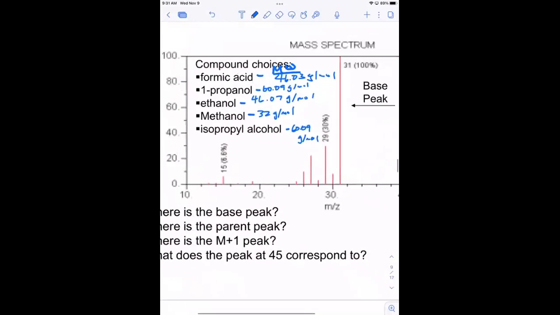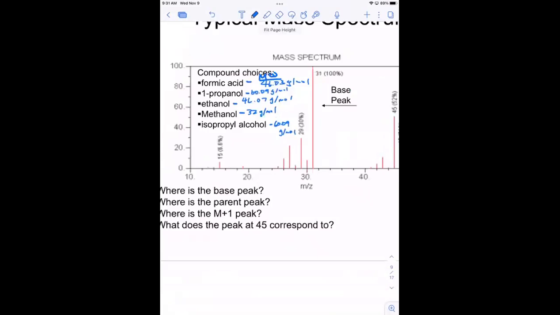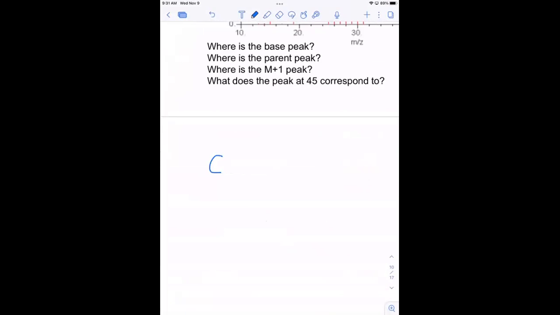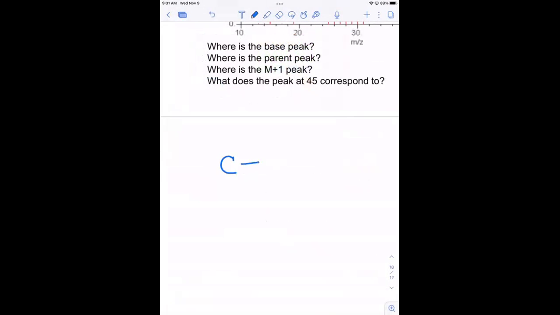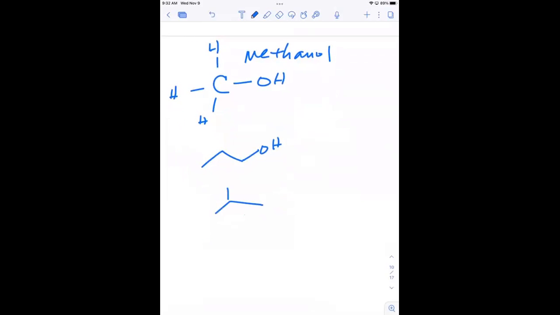Right? So we know that these are molecular weights. Now we look at each one of these. So this is methanol. And this is one propanol. This is isopropanol. And this is formic acid.